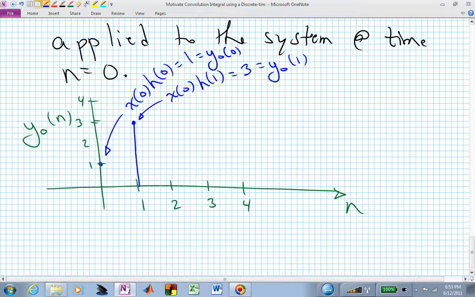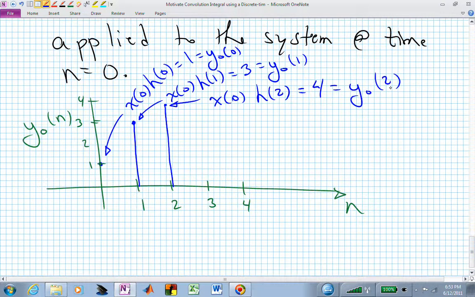At time 2, we now have a scaling of the pulse response at time 2, which in this example was 2, which we hit with another 2, coming from x of 0. This particular value is then x of 0 times h of 2, which is 4, and that's now y sub 0 of 2.